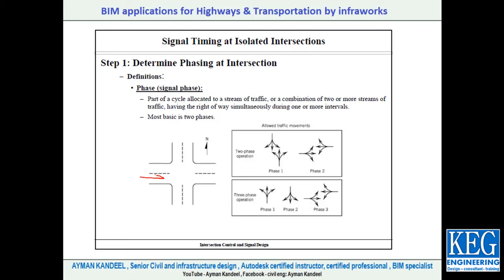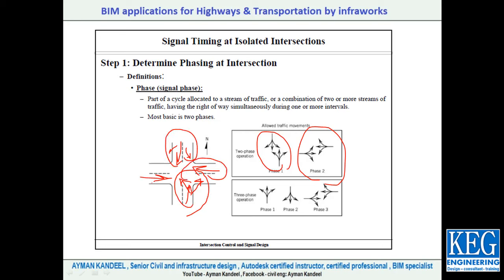So I have one movement in this direction and one movement in this direction, and the other one here and here. So I have phase 1 and I have phase 2. In this direction I can make a right turn, left turn, and so on. So in this case I can make phase 1 and the other one will be phase 2.